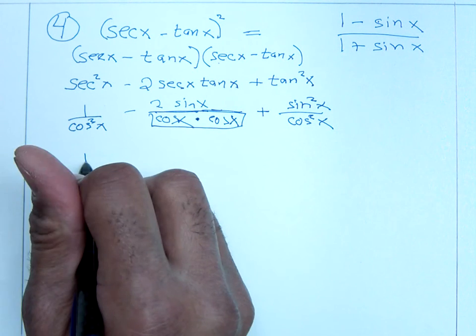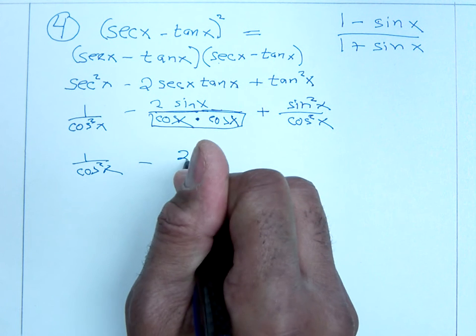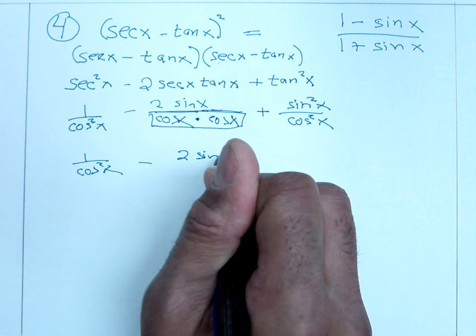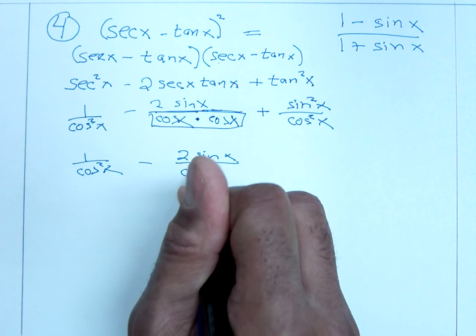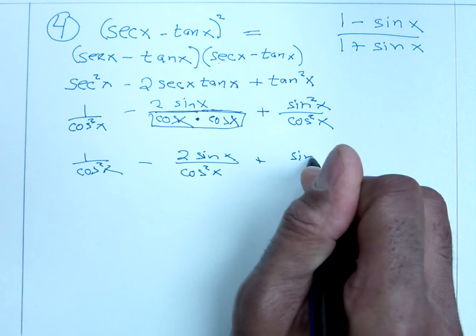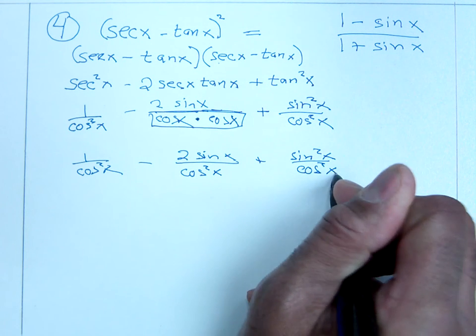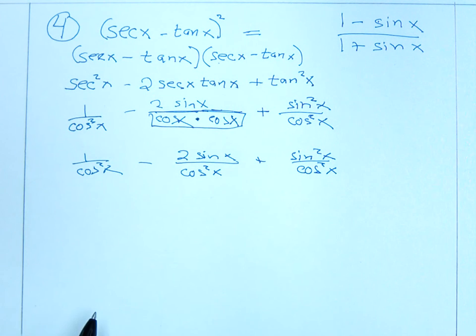So I have 1 over cosine squared minus this 2 sine still over cosine squared and plus this sine squared over cosine squared. Don't I have a common denominator here? Of course.